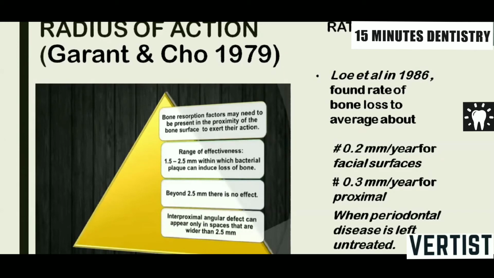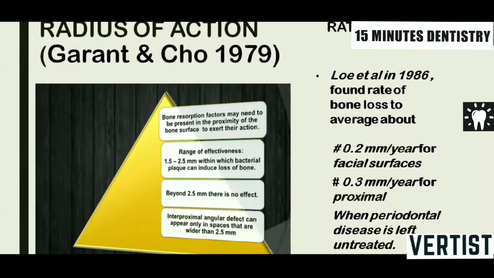Now, the rate of bone loss is 0.2 mm facially and 0.3 mm per year proximally, which has been seen when periodontal disease was left untreated. This study was done by Löe et al. in Sri Lankan labour workers, and these patients were asked not to brush at all, not to maintain oral hygiene, not to take any dental treatment and all that.